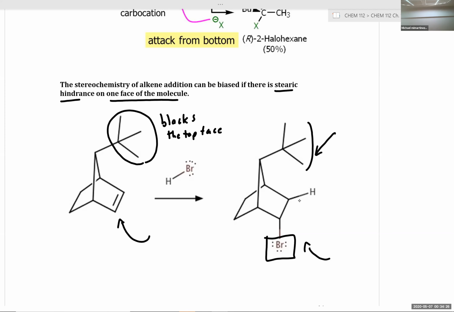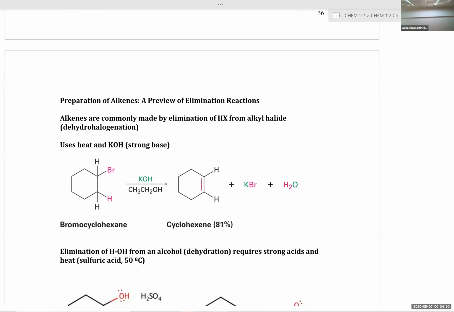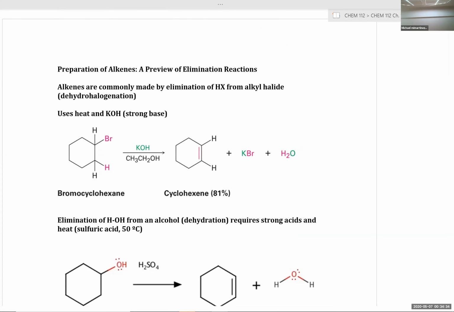Okay, let's keep going with this idea, and let's talk about how exactly we prepare alkenes for these reactions. Alkenes are commonly made via elimination of HX from an alkyl halide. We call this dehydrohalogenation.